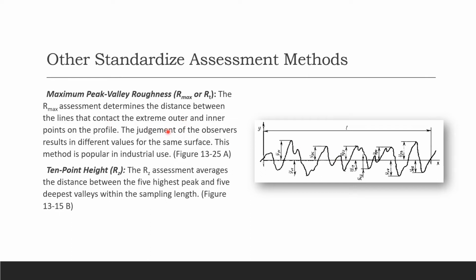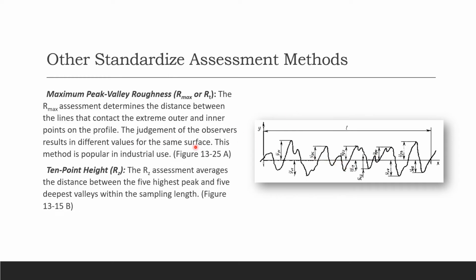That comes to the extreme outer and inner points on the profile. Profile is nothing but, we call it the shape, but it's actually the surface again. Here you can see the exaggerated profile, the exaggerated surface texture, in this line.